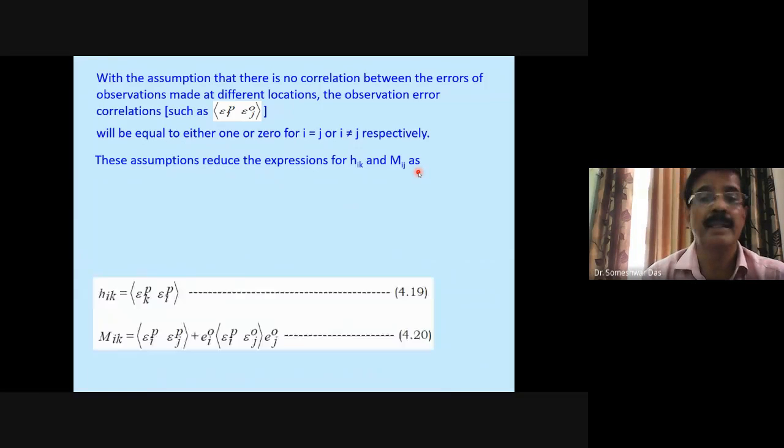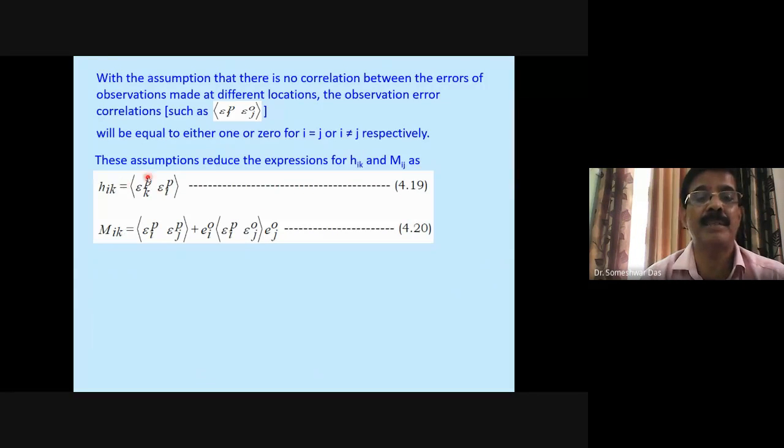HIK is equal to simply the correlation between the ith observation point and the kth grid point of the prediction.